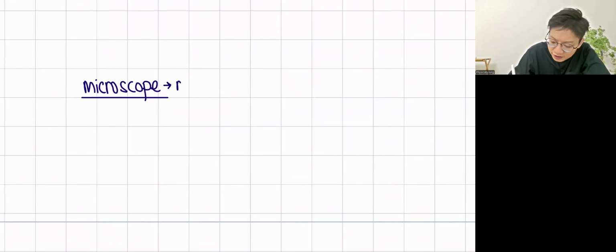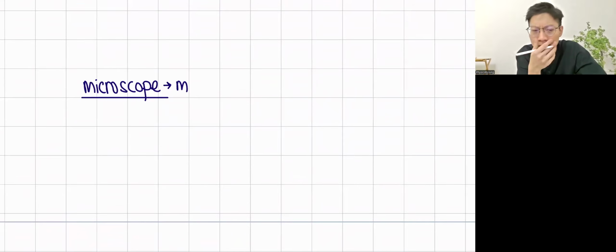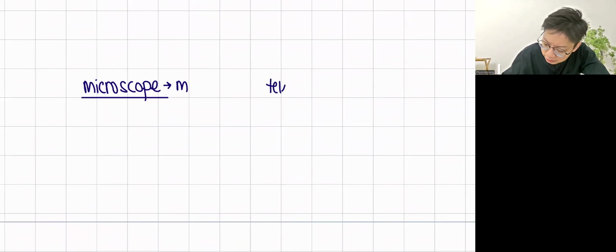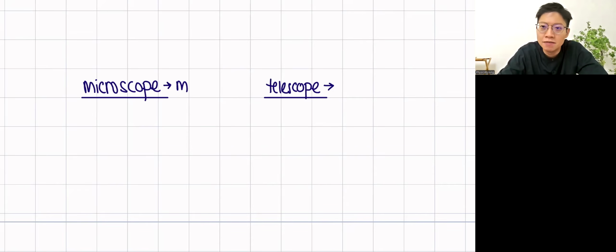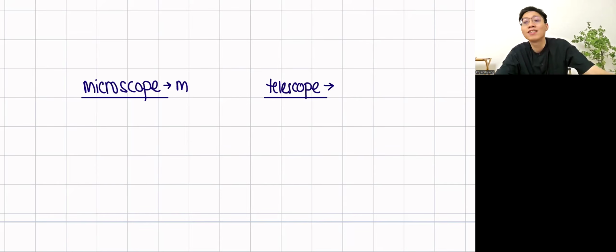Of course magnified, of course bigger. Number two: does the telescope want to produce a magnified image or a diminished image? Bigger or smaller image?